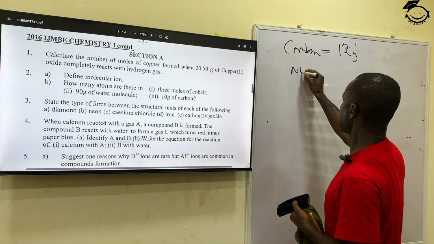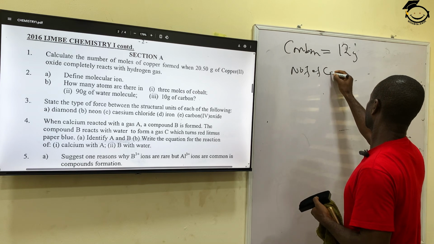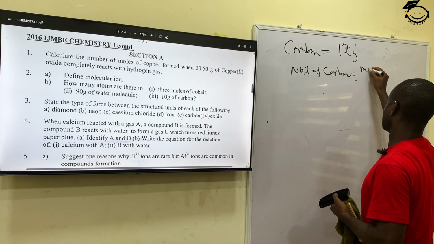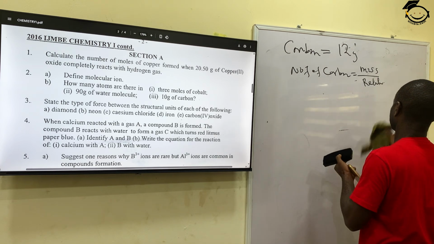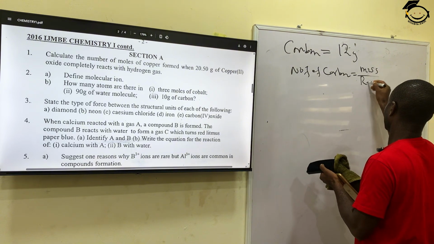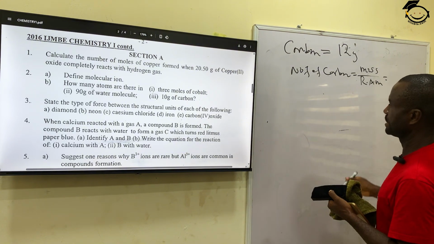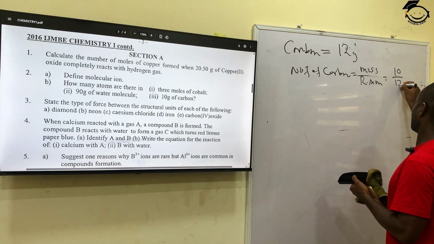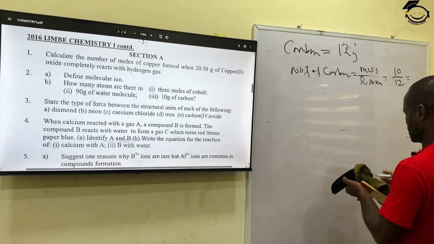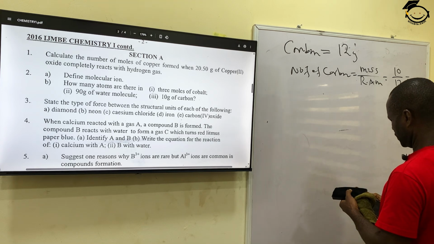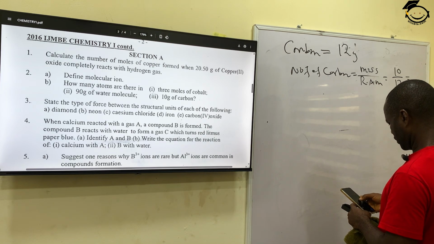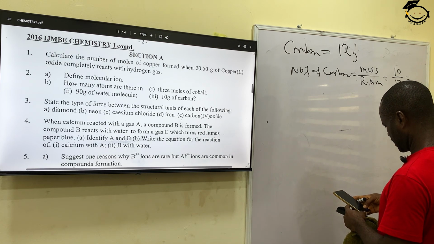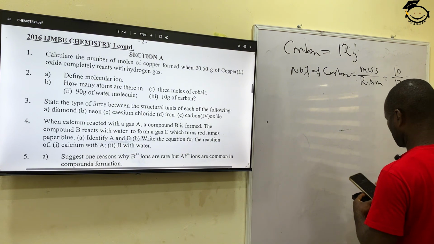Therefore, number of moles of carbon equals mass over relative atomic mass, which is 10 over 12. 10 divided by 12 gives 0.83.